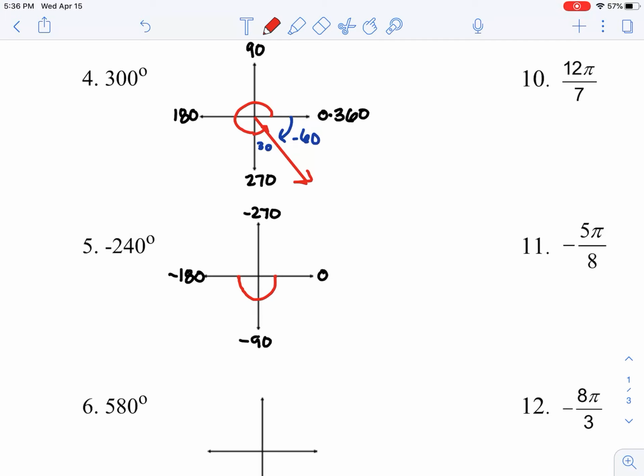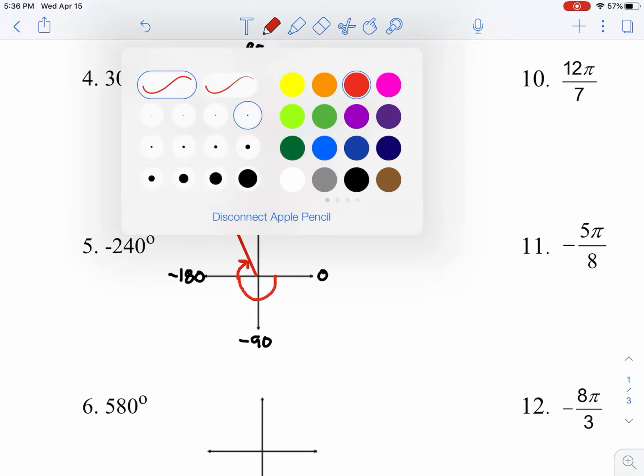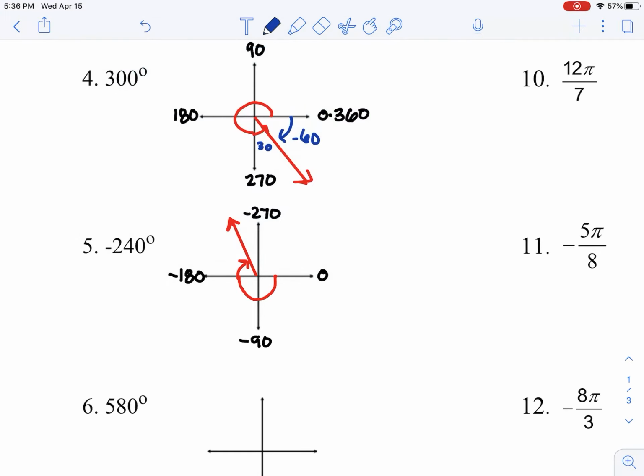To get from 180 to 240, I have the 20 to get to 200 and then the extra 40. So this is a 60-degree angle. This is a 30-degree angle.